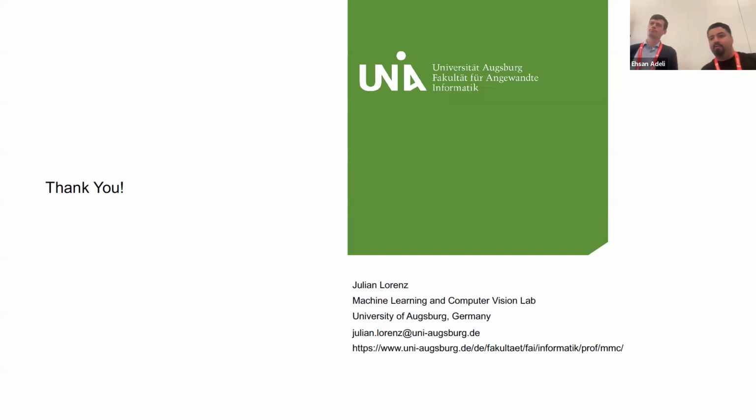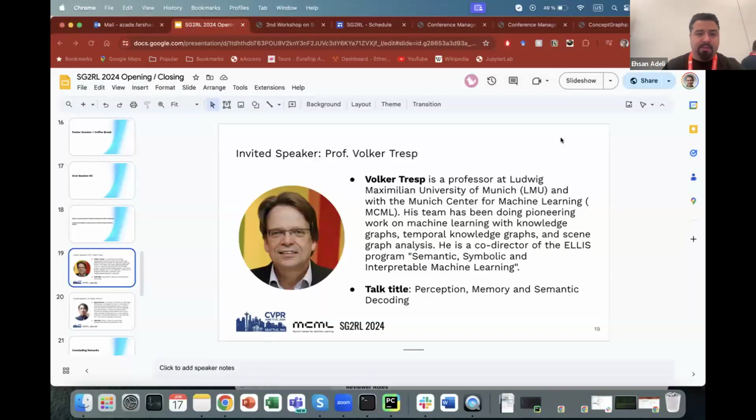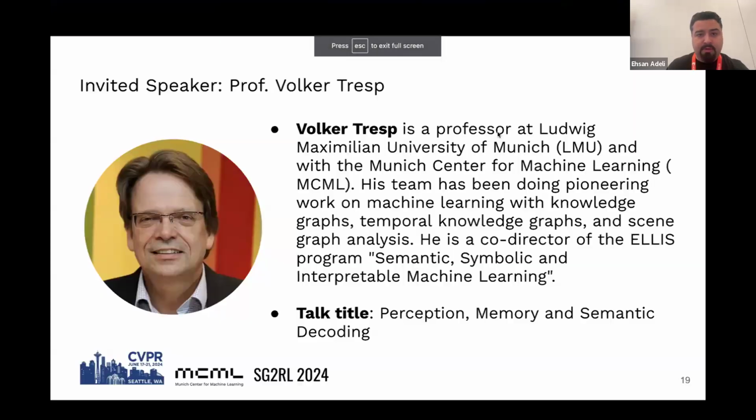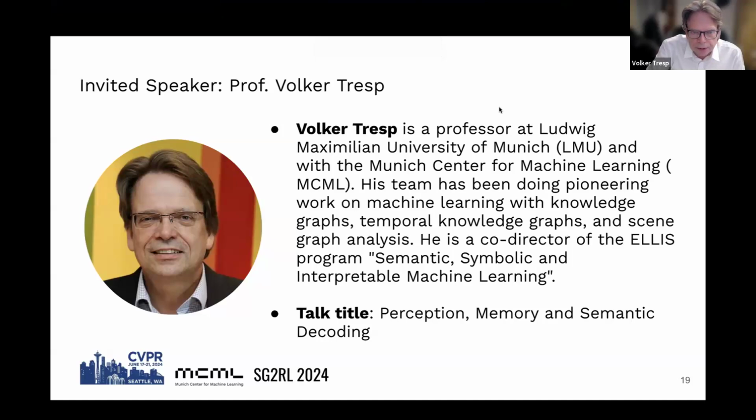Okay, great, thank you. Let's thank the speaker again. It's been great, and I believe our next speaker, yes, we have Professor Tresp online. I will do a short introduction, then you can share your screen.